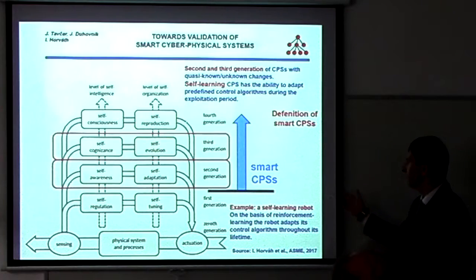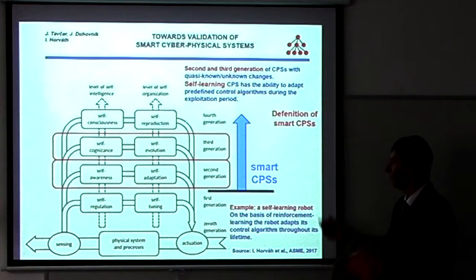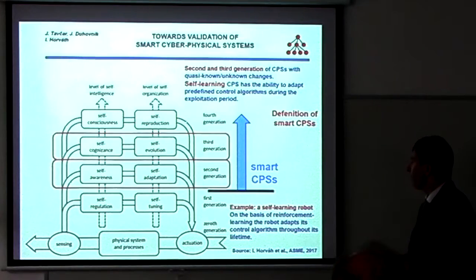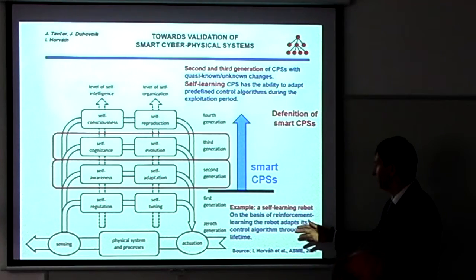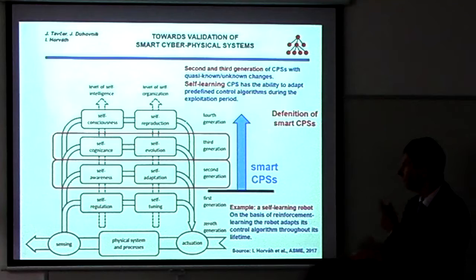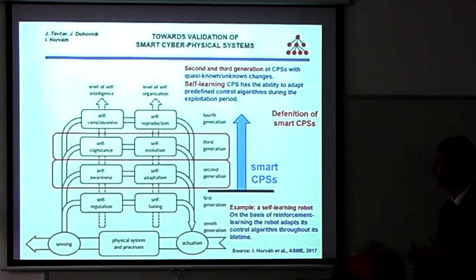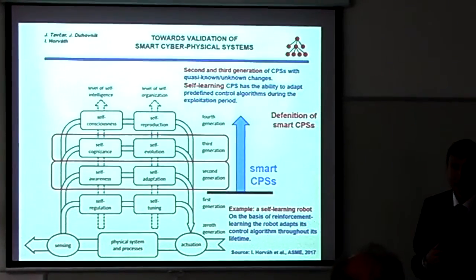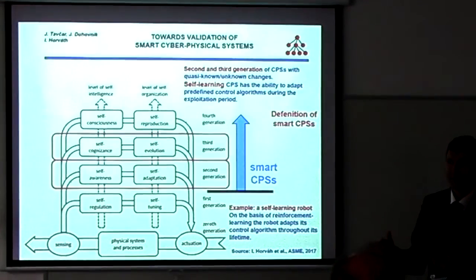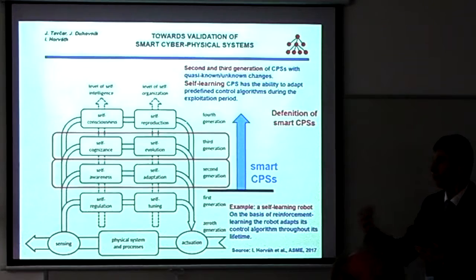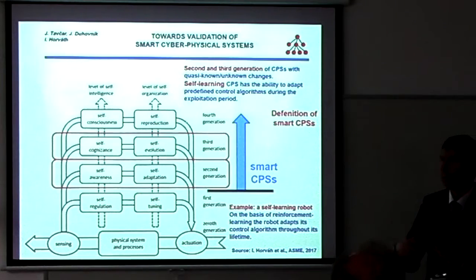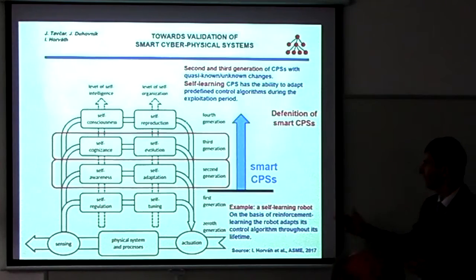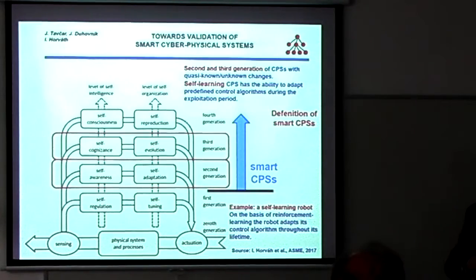An example is a self-learning robot. It is evolving, adapting the algorithm through reinforcement learning. That means after 1 year of operation in a specific environment, this robot operates in a different, more optimal way than it did at the beginning when it was just finished and started to work.